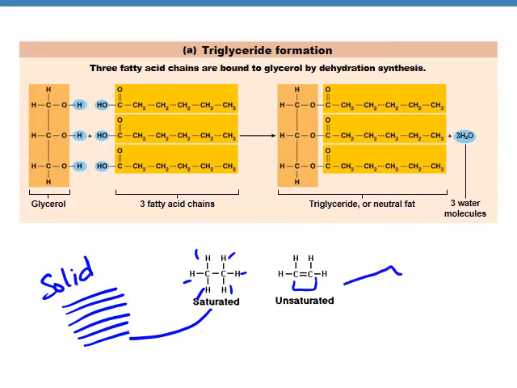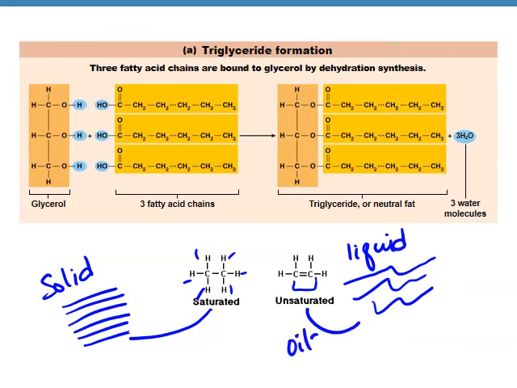Unsaturated instead have kind of a kink in their tail, or tails plural, and so these are usually a liquid at room temperature. So think oils. For saturated, think butter. All the things that are good for you are unsaturated. All the things that taste good are usually saturated.